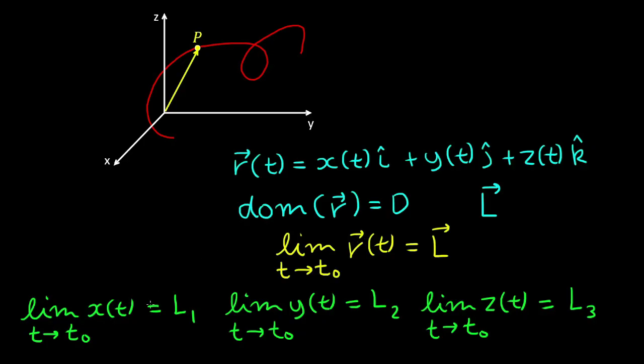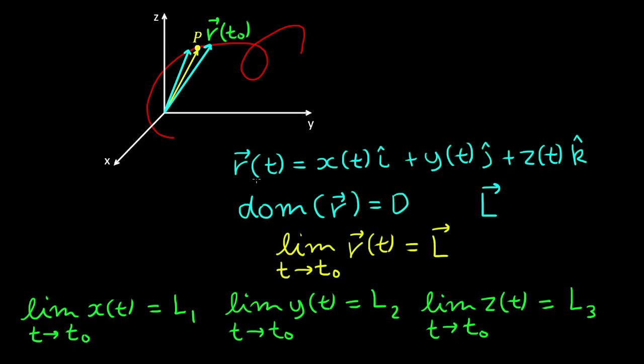And the epsilon-delta definition is extended in a similar way from real-valued functions to vector-valued functions. So for example, if this is r(t0), then we check the limit from both sides as we did for real-valued functions, to see if the limit exists.